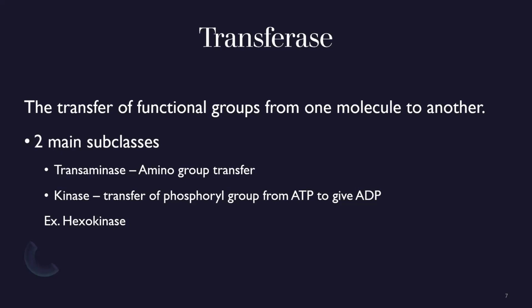For example, hexokinase. From the word itself, there is a transfer of a phosphoryl group, or a use of ATP or energy, and then it transfers hexo molecules. So it did not specify what type of molecule, but it has 6 carbons, or it is a pyranose ring.